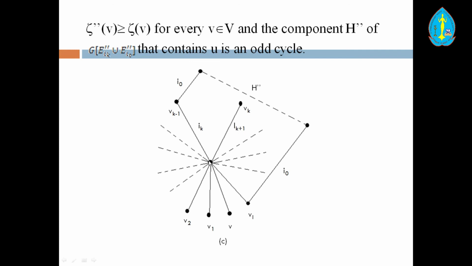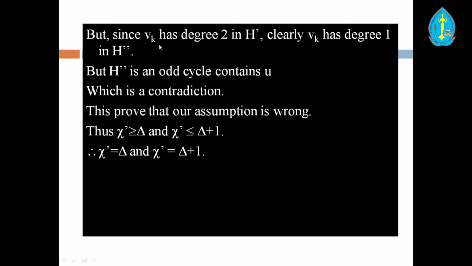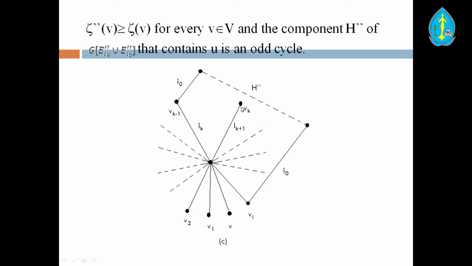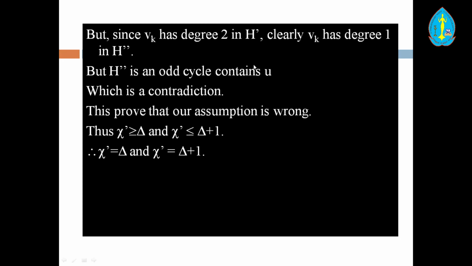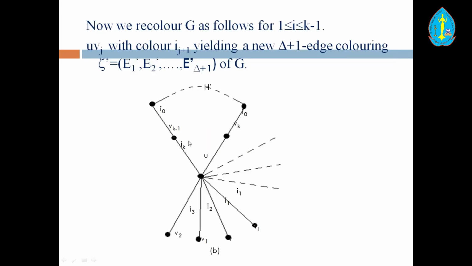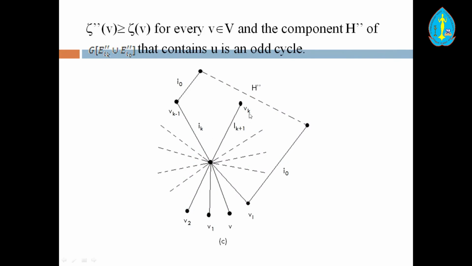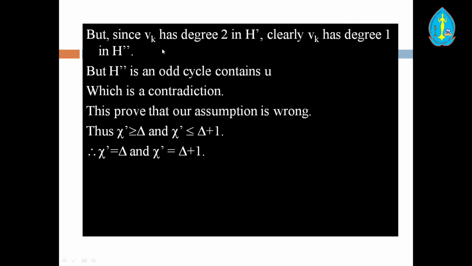But since Vk has degree 2 in H', clearly Vk has degree 1 in H''. Vk has degree 2 in H' and degree 1 in H'', but H'' is an odd cycle containing U, which is a contradiction.